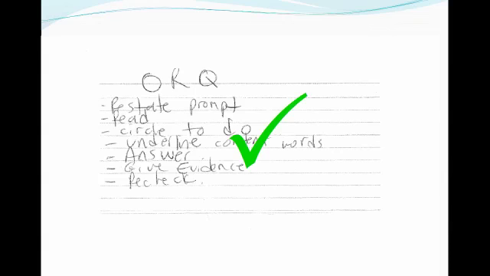This is an example of something that would be acceptable because it's telling how they're going to get to their answer when they use an ORQ. So they're going to restate the prompt and all that. And they've written that down, looks like from notes probably the teacher has told them some of those things in the classroom.